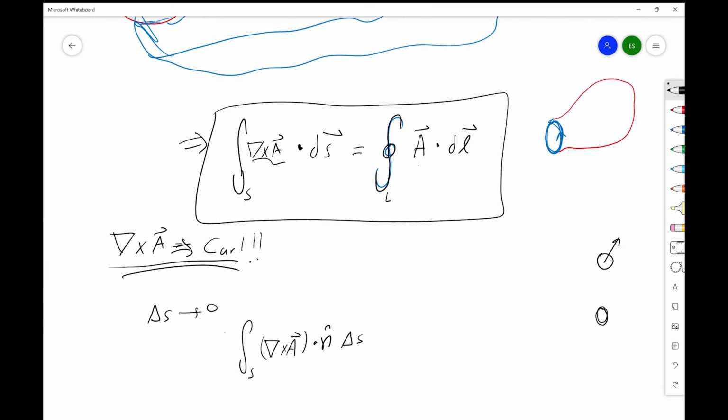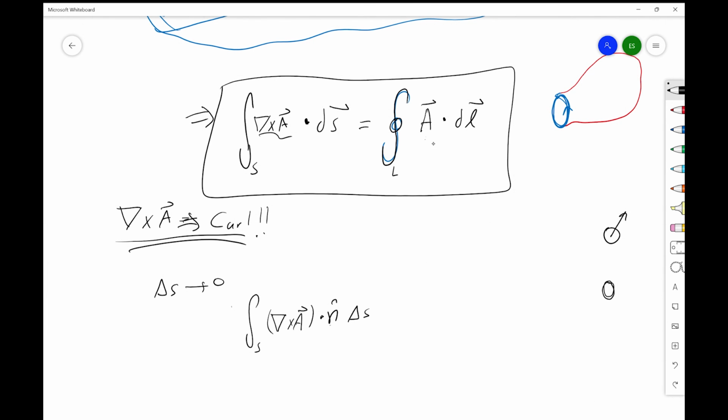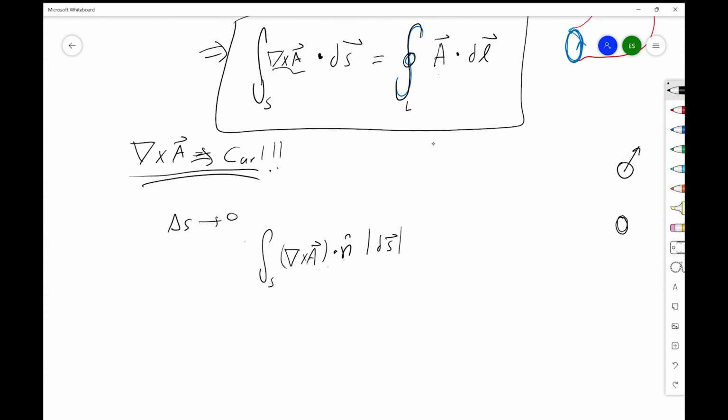Delta S, sorry, the magnitude of ds. What I can do now, remember this is a sum. Because the area is really small, this is constant. So I can use the linearity of the dot product by taking this out. It's like if you have A dot B plus A dot C plus A dot D. A is constant, you can take it out.